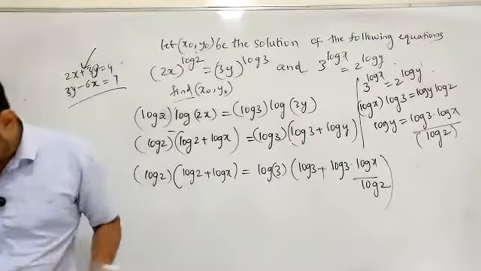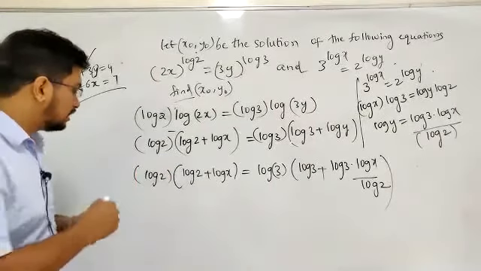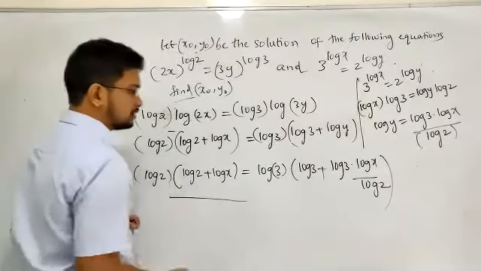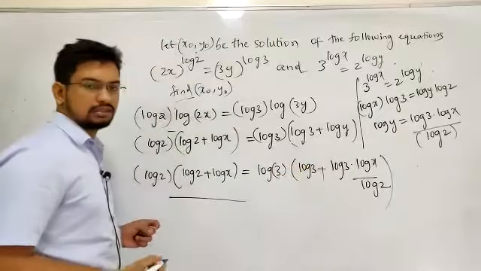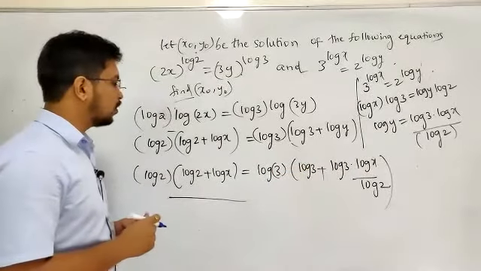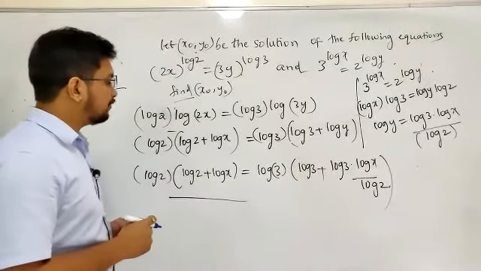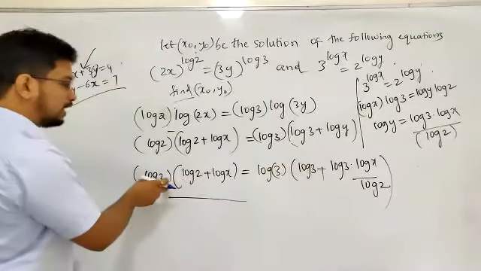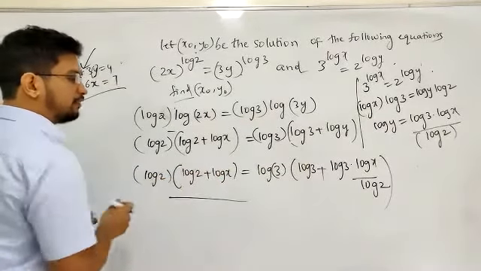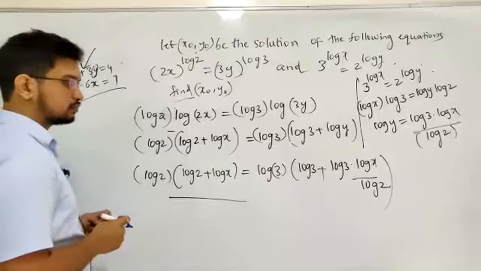Right? Now, after getting this value, try simplifying this. Try to get the value of log x from this. If I try simplifying this, you can take log 3 common, you can take log 2 common, and eliminate the value of log 3 and log 2. Right?